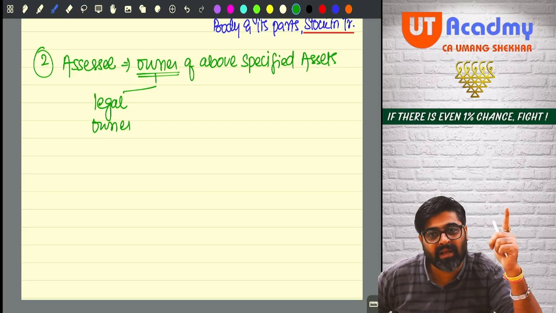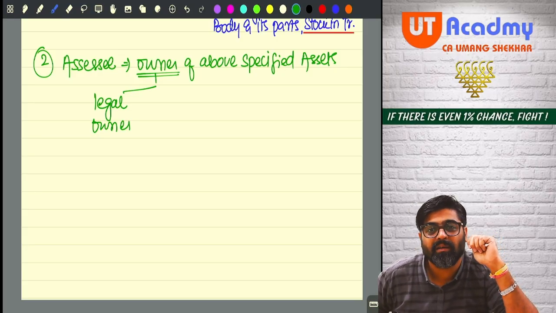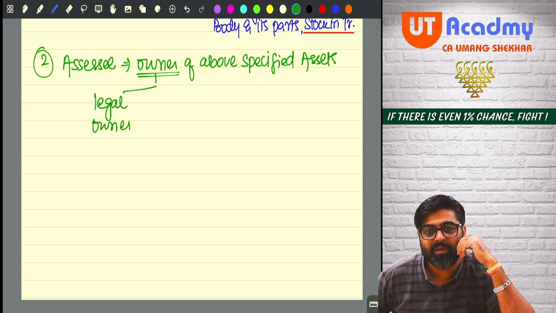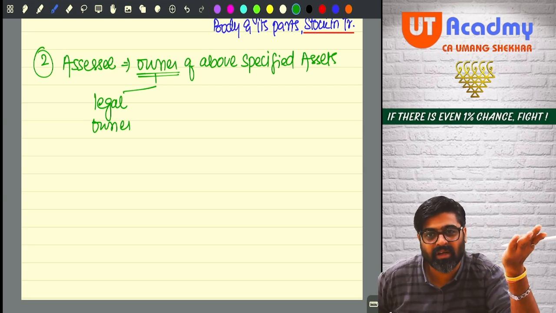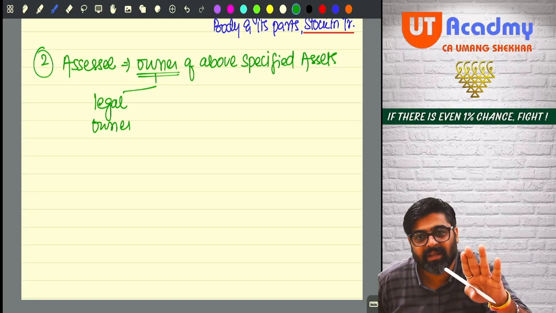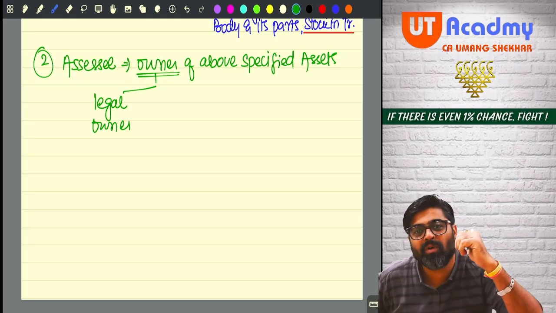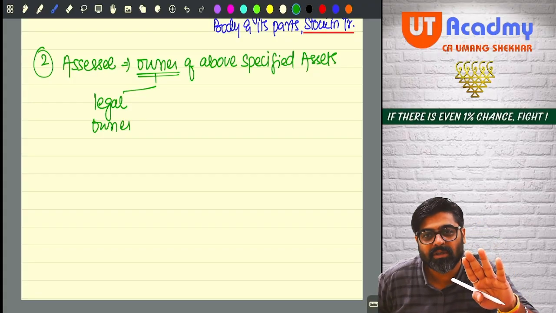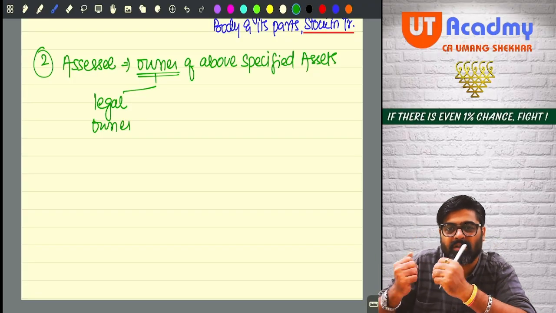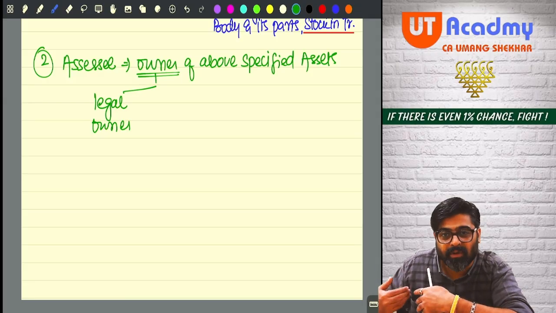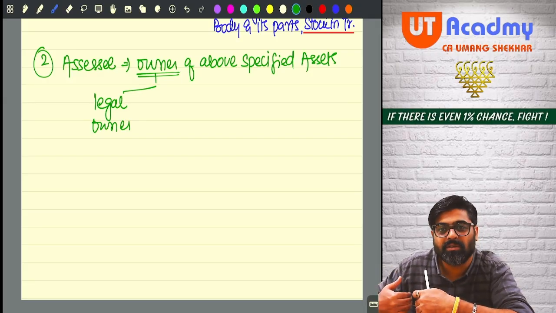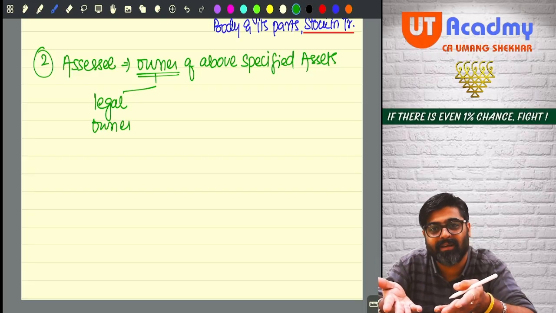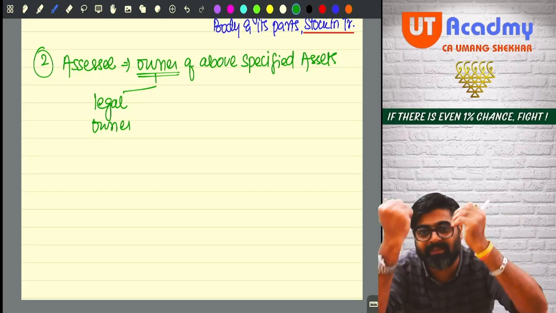You will incur 10 lakh on the asset, then the legal ownership of the asset will come to you. Legal ownership of the asset comes to you means that the cost is incurred by you only. So the person who has incurred the cost is the legal owner of the asset. That person only should get the cost in the form of depreciation, no?